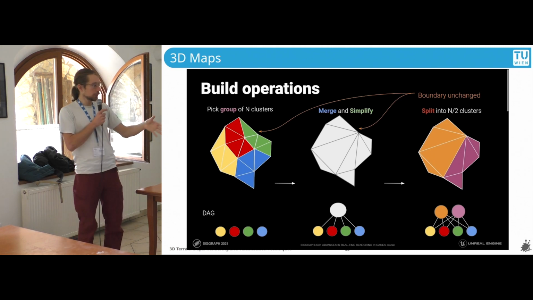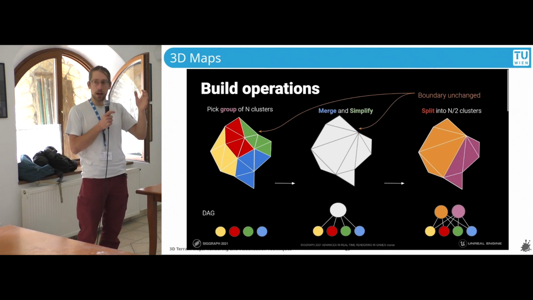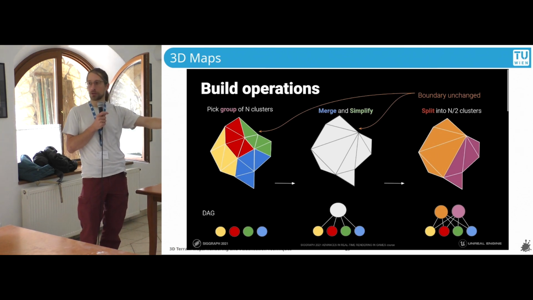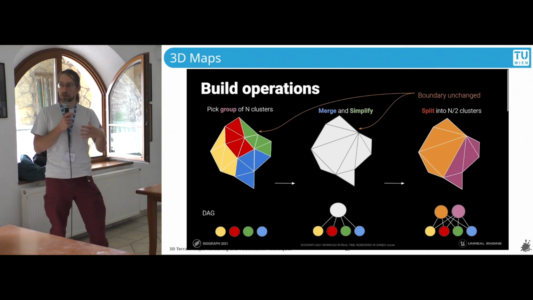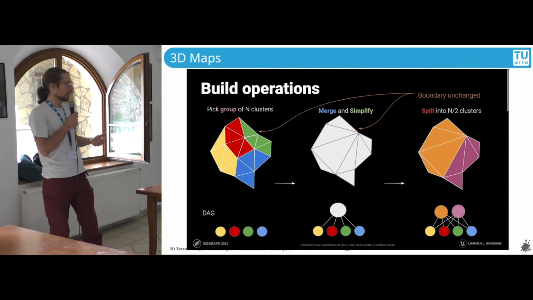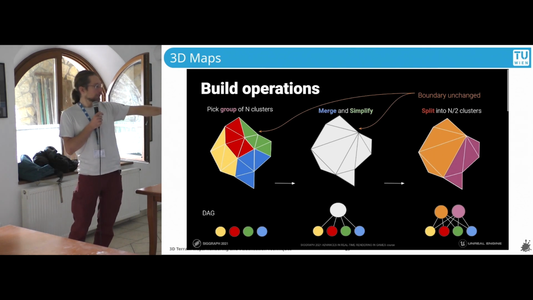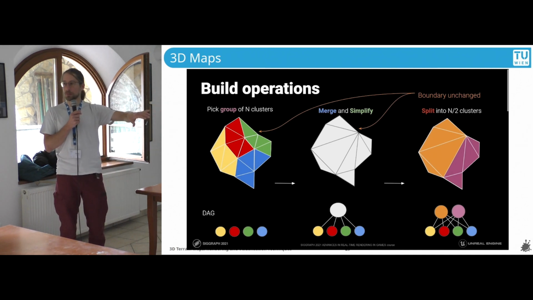Once this group is simplified, you split it up again into half the number of clusters. So at the beginning you have 4, at the end you have 2 clusters. And these 2 clusters are then of a lower zoom level, so they have a rougher geometry. As you can observe, the border of this patch is the same.